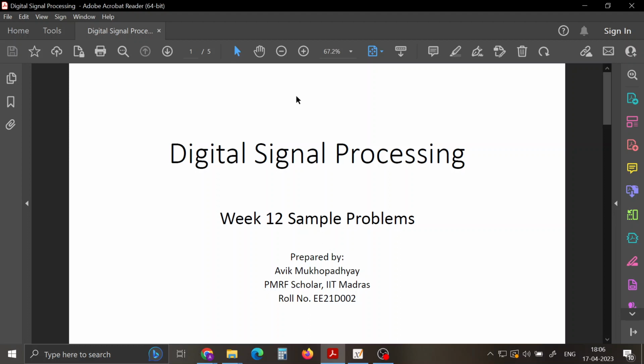If you recall the lectures in week 12, the discrete Fourier transform, or DFT for short, was introduced. We saw the basic definition of DFT and the inverse DFT, and we established the connection between DFT and the DTFT, the discrete time Fourier transform.